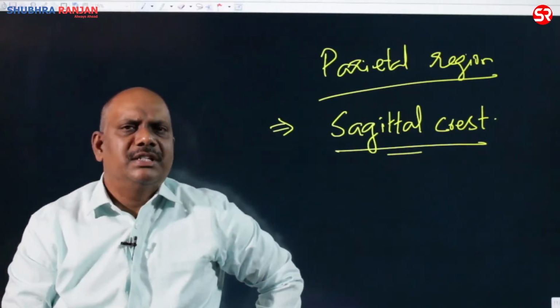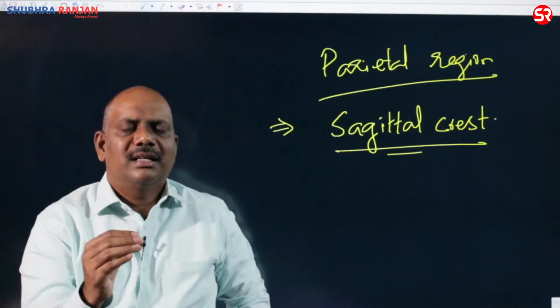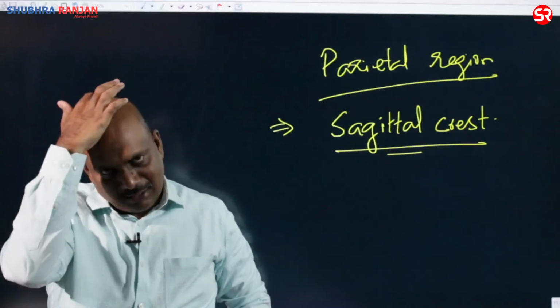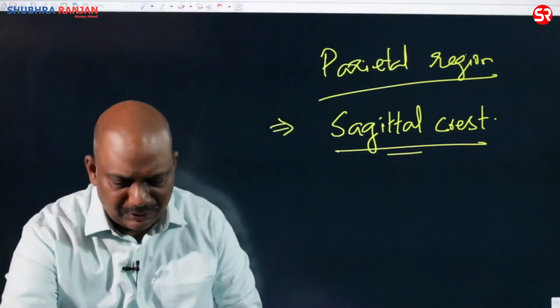So what is the sagittal crest? The sagittal crest refers to a ridge-like bone exactly on the top of the head. I'll show you.